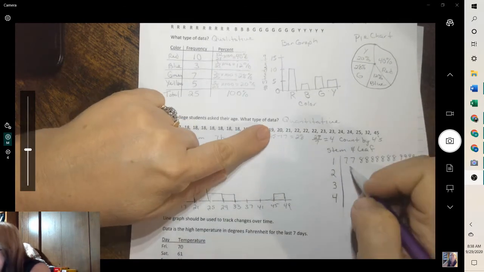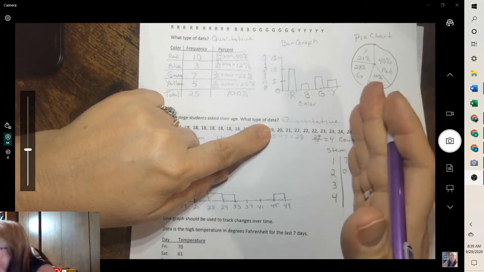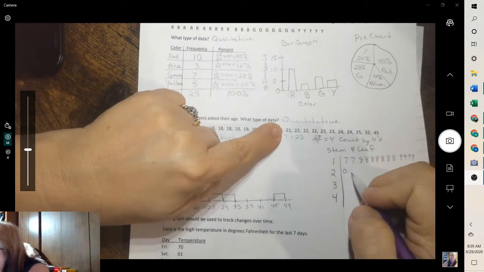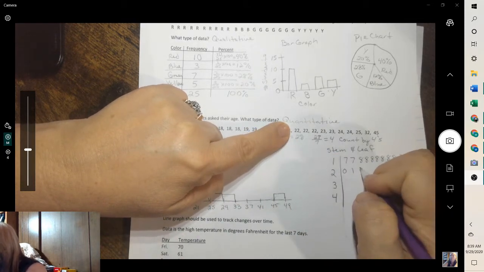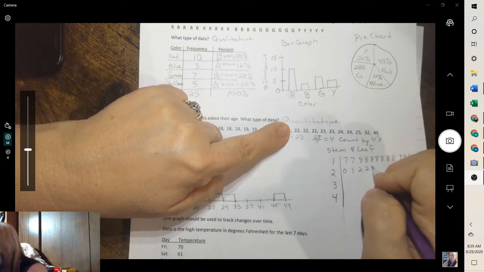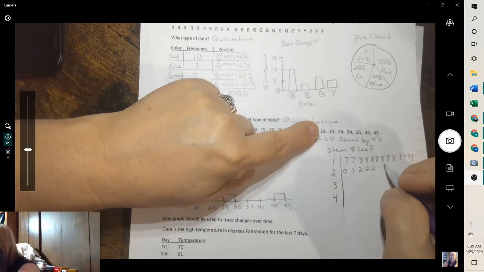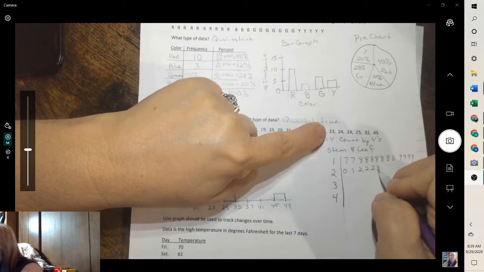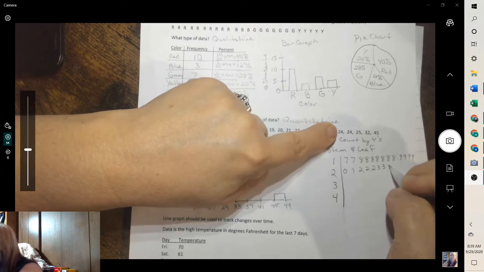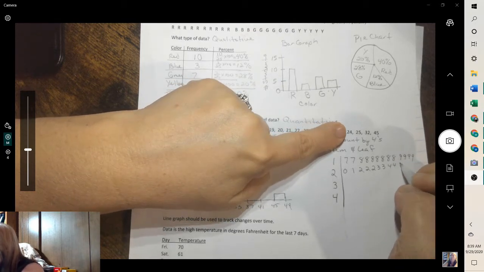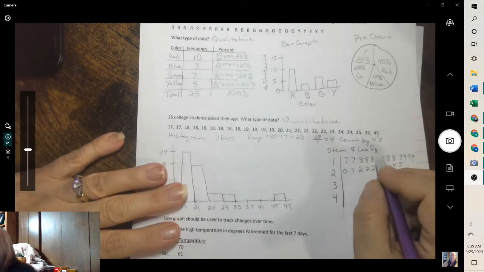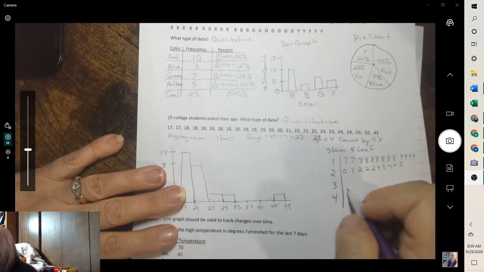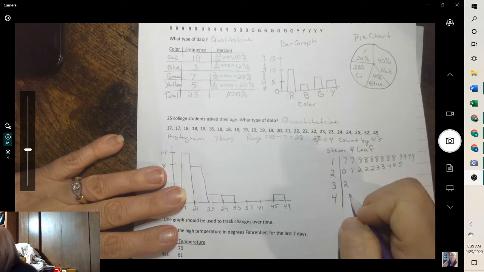Now we have a 20, and you want to try and keep these lined up in columns. We have a 21, 1, 2, 3 22s, 23, another 23, 24, 24, and a 25. And then we have a 32 and a 45.